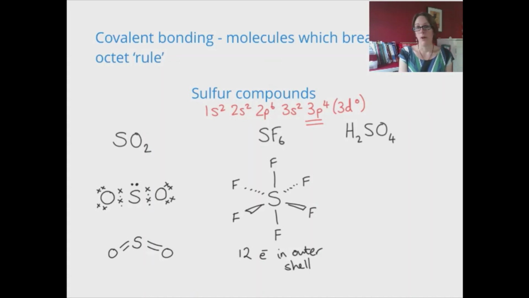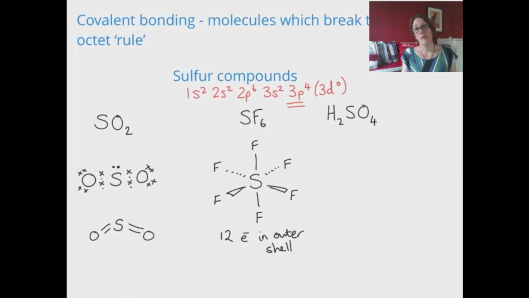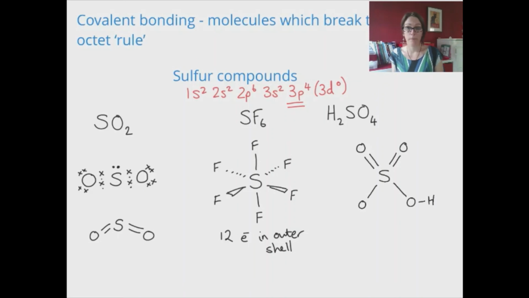It's only elements that are in the third period or below that have space for all of these extra electrons. But they can still only share as much as they have. So really the maximum for sulfur is to share 6 electrons and make 12. And this is also what it does in H2SO4, a very common molecule that we know about.